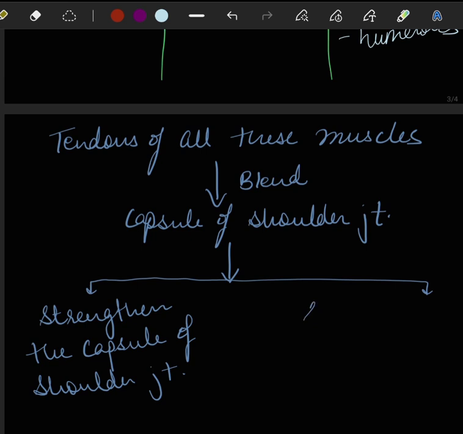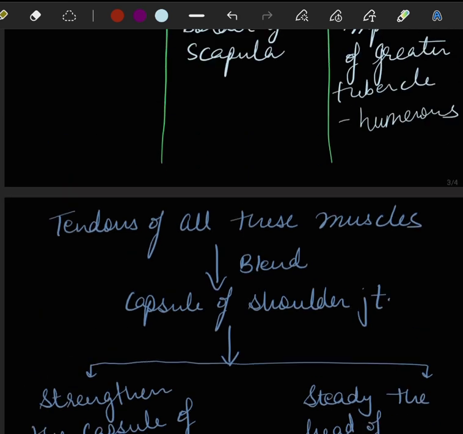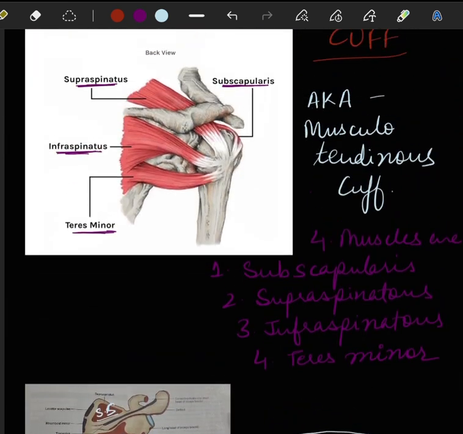Second, they will steady the head of humerus. So let's go back on that first image we saw.